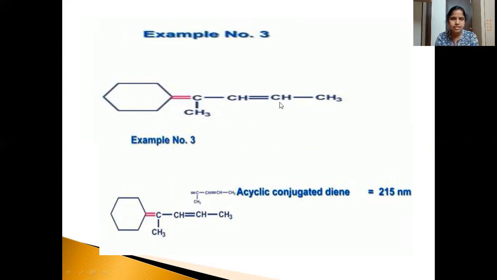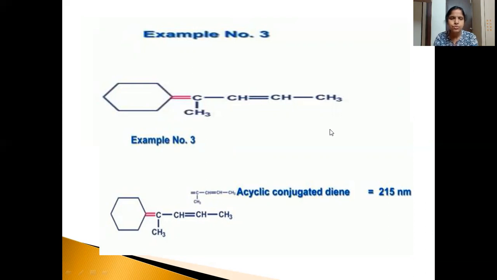Then at this carbon, this is the alkyl group which is attached, so it is one alkyl substituent. Here also you can see this is another alkyl substituent. Then at this carbon, this is a ring residue, and this side also one ring residue. So there are 2 ring residues and 2 alkyl substituents.